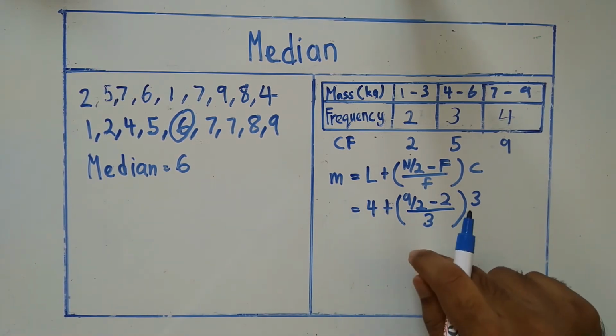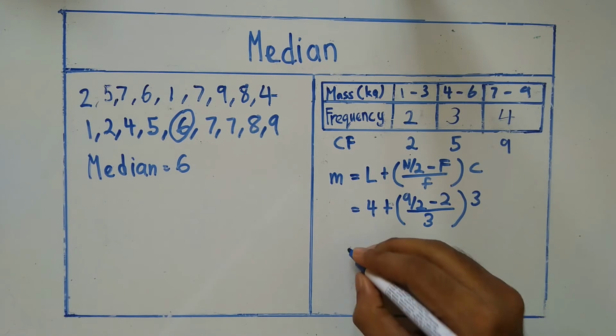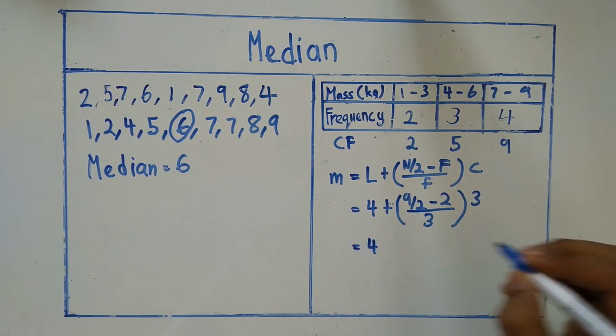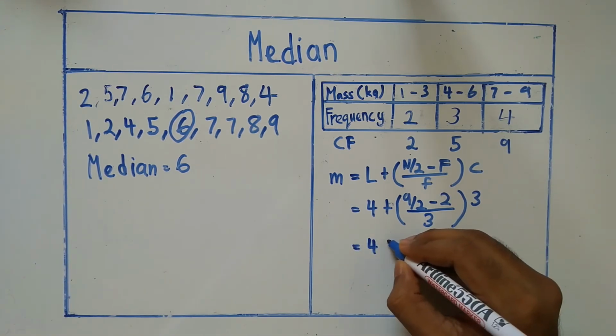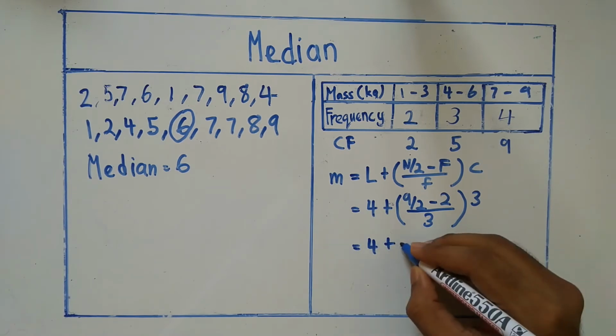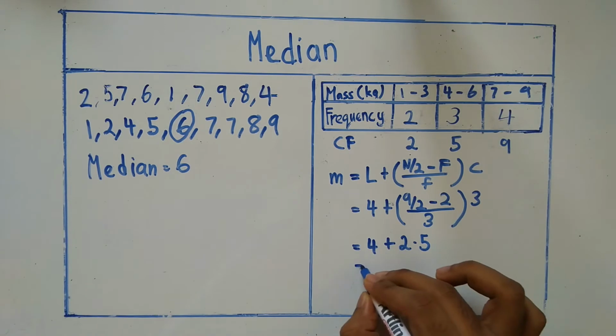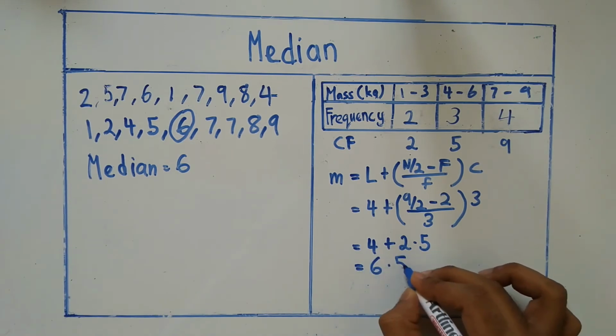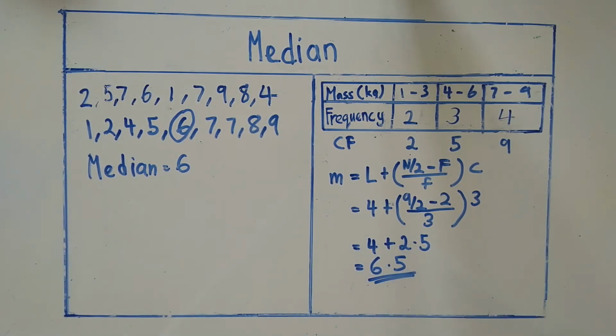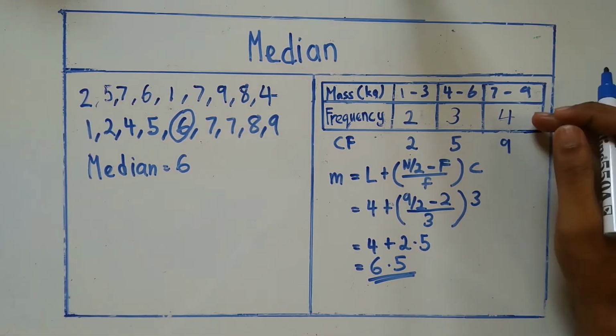Then we solve for the median. This is the median for the grouped dataset.